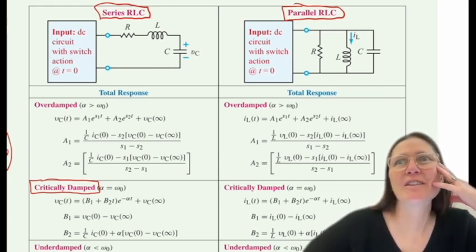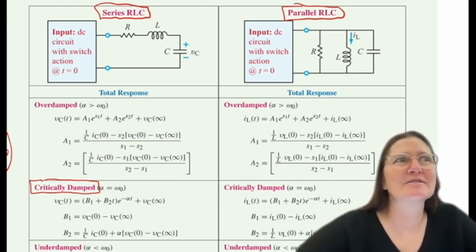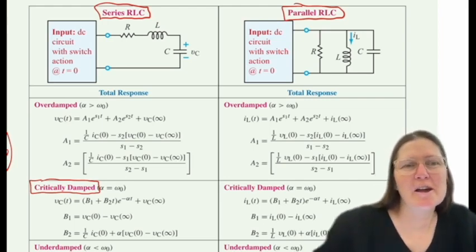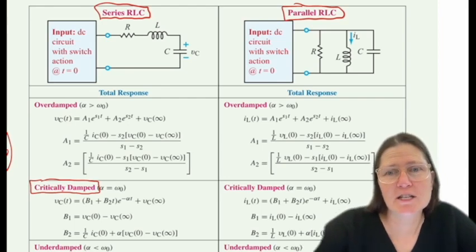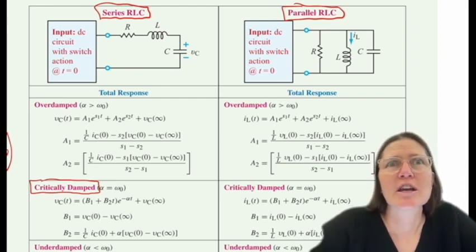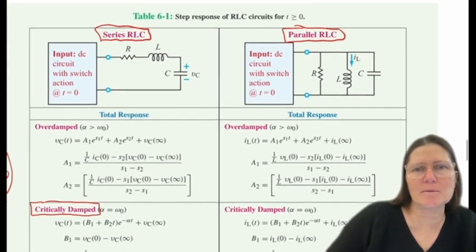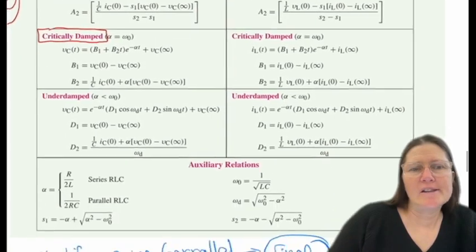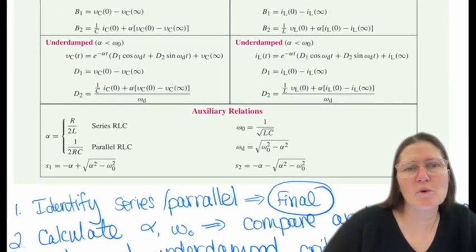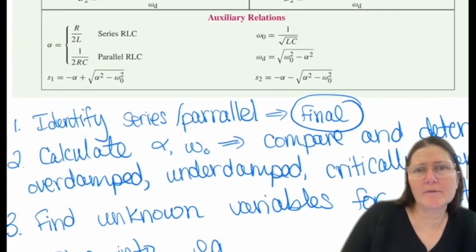Alpha and omega naught. So the damping coefficient, alpha, and omega naught, the angular frequency. You compare those two to determine overdamped, critically damped, or underdamped. And you have the equations for alpha and omega.